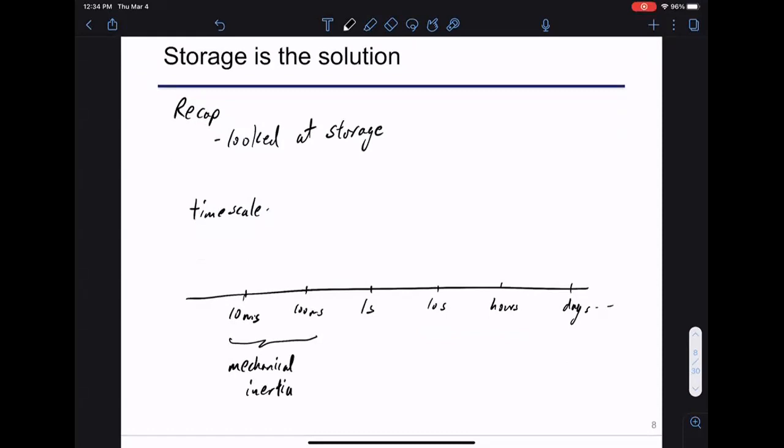Mechanical inertia is the inertia in the rotating machines. These are big machines, and they have a lot of energy storage. There's a significant amount of energy stored in the machines. But they show up in a sub-second time scale. So for sub-second things, you have the storage inherent in the system because we use synchronous machines.